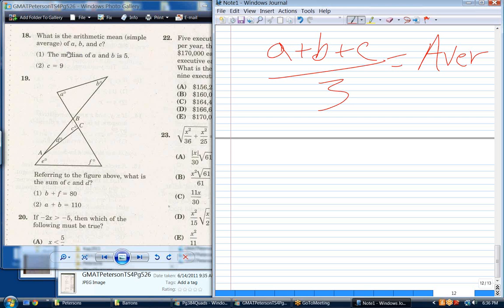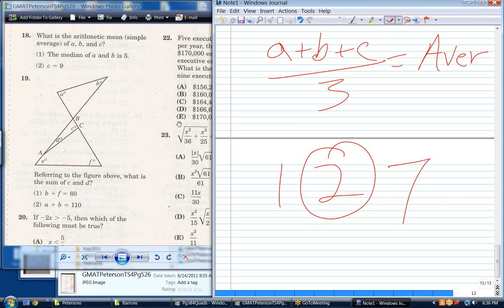The median is the most common... excuse me, you have the mean, the median, and the mode. The median is the middle one. So if it was 1, 2, 7, the median is 2, the average, the mean, is 3 1/3, and there is no mode. They're all equally common. Okay, so we know the meaning of the words.